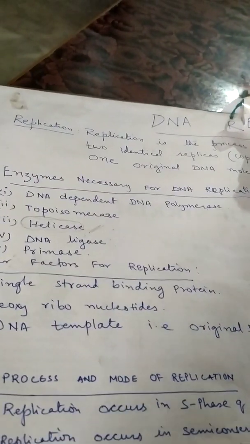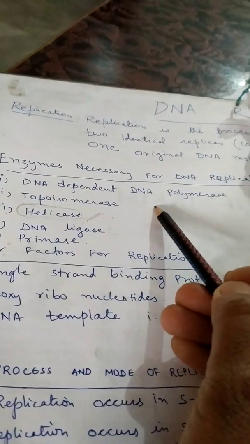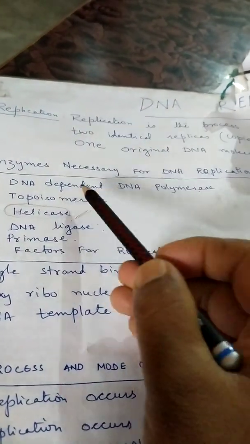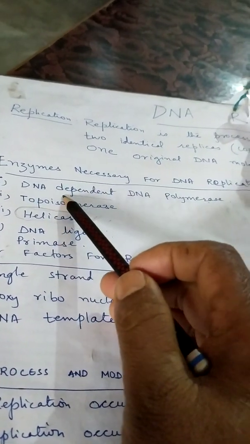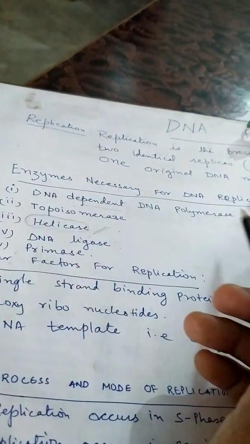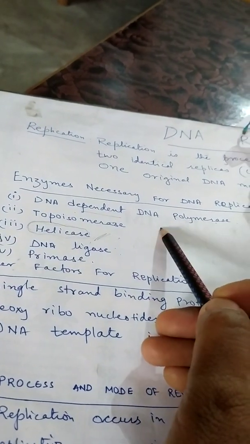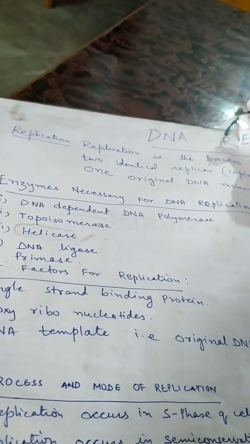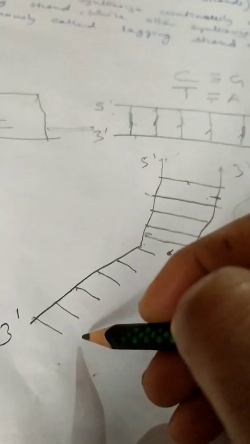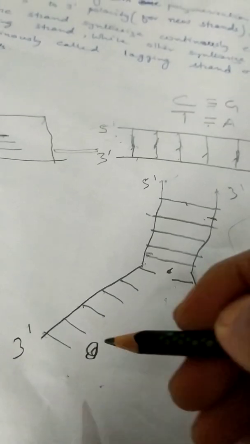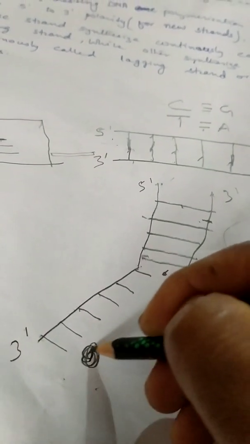That is called DNA dependent DNA polymerase. This is the main enzyme of replication. That's why I have put it at first number. So DNA polymerase will come and reach here. Suppose this is DNA polymerase.